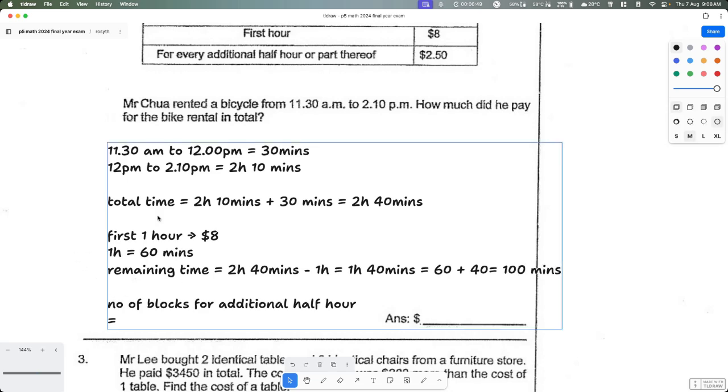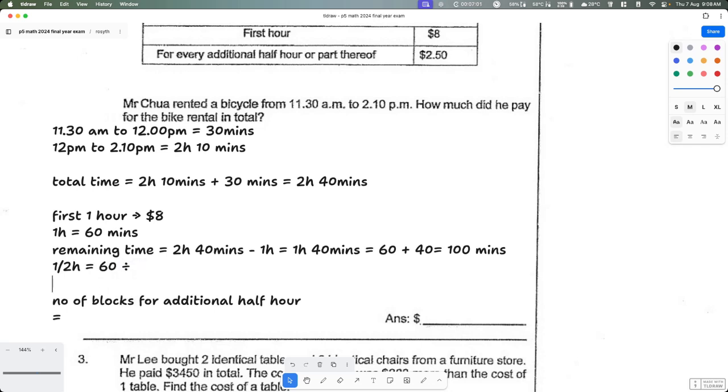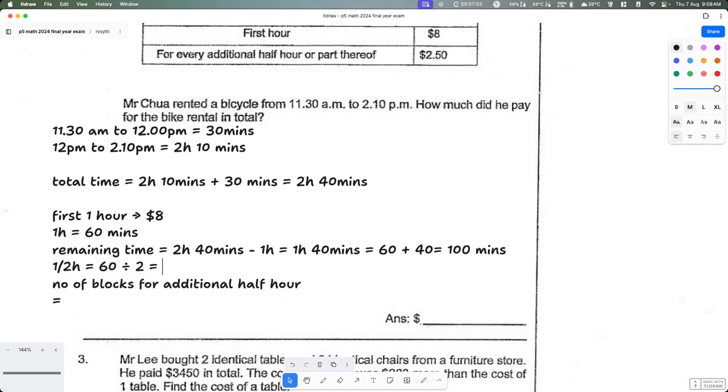Okay, so in this case, number of blocks for additional half hour. So 1 hour is 60 minutes, and then half an hour is equal to 60 divided by 2, equal to 30 minutes.